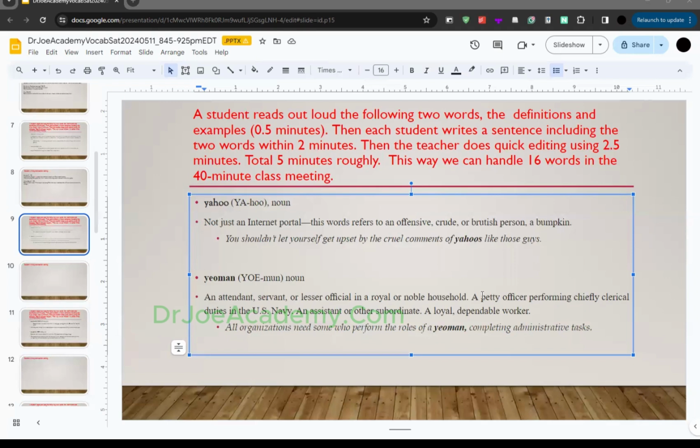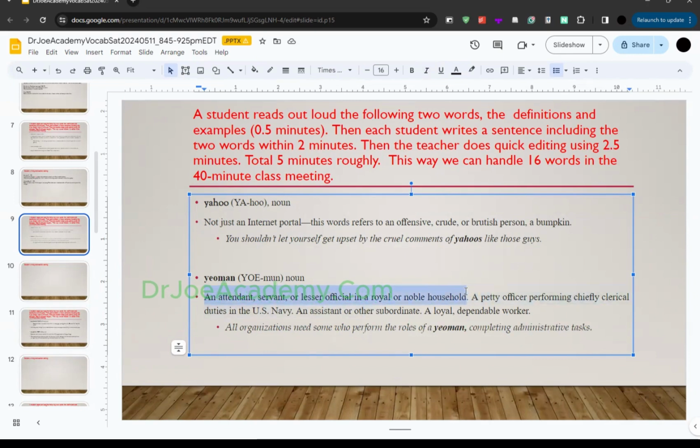Well done, Alina. So, the word yeoman here has a couple different definitions, as we can see here. So each sentence is referring to something in a different context. The first one is talking about someone who would be in a royal household, someone who is not royal, but they're lesser than, and they're a server or a servant.